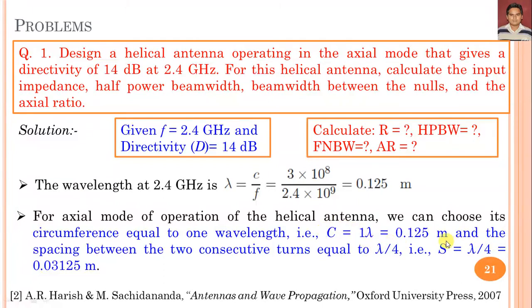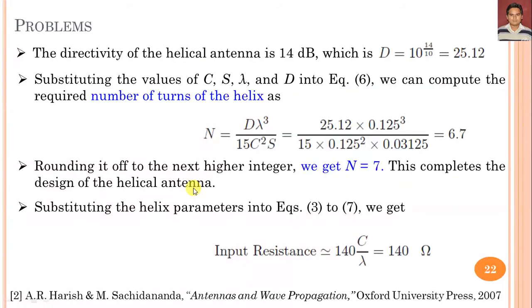So by using C, S, and lambda, we can calculate the number of turns in a helix, where the directivity D is also given, and we have converted it to the directivity ratio or absolute value, which is equal to 25.12, and it is a dimensionless quantity.